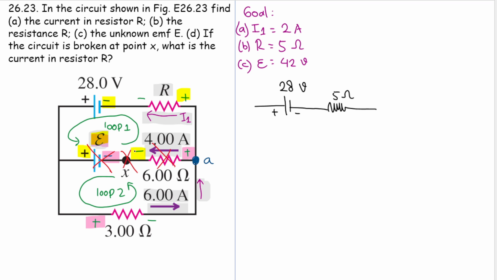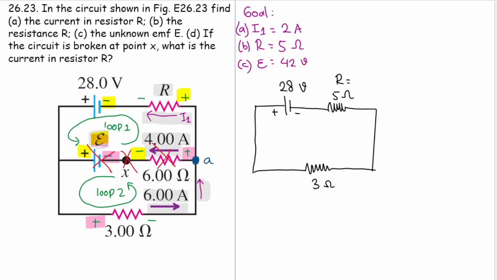Good, and the center component here we don't have it, the middle component, and we only have the bottom one, which is 3 ohm. Okay, so we will have 3 ohm here. Good. And we need to find out the current that pass through the resistor R here. So R is this one, right?